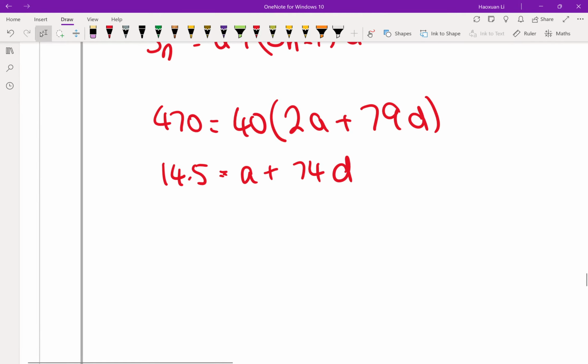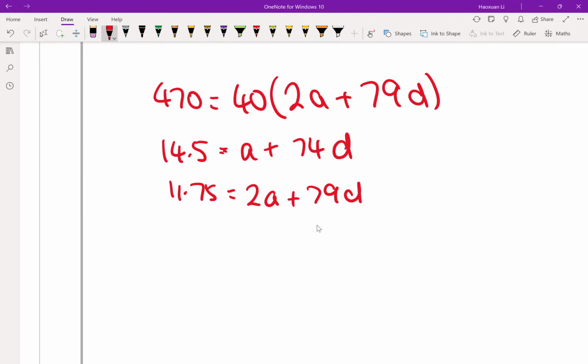So therefore, you can simplify the first equation. So that will be 11.75 equals 2a plus 79d. And you can just multiply this equation by 2. So that will be 29 equals 2a plus 148d.